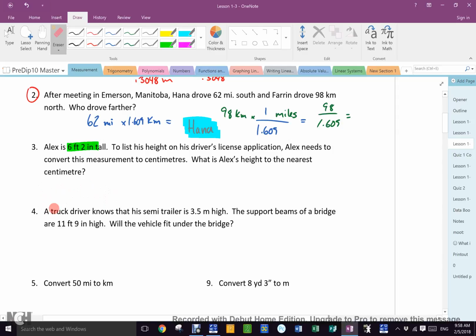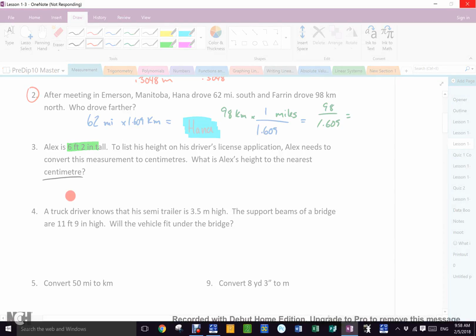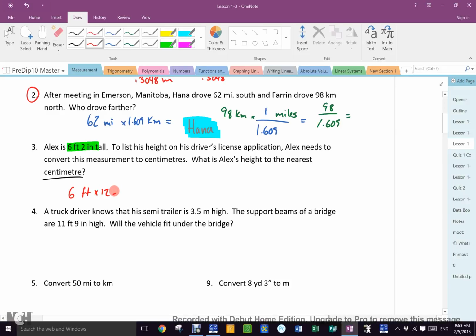So, what are you going to do here? You got to look and see what your conversion is. You have something that'll convert inches to centimeters, right? And you need the height in centimeters, so you better deal with the 6 feet. But we did that yesterday. 6 feet times 12. We didn't do these yesterday. Yesterday was Sunday. 72 plus 2.